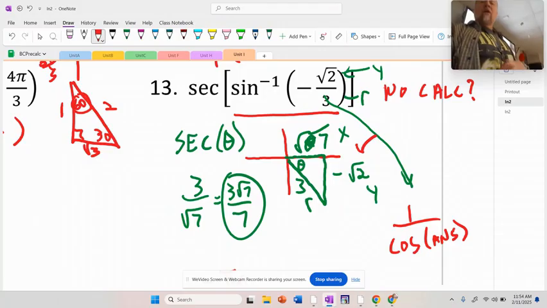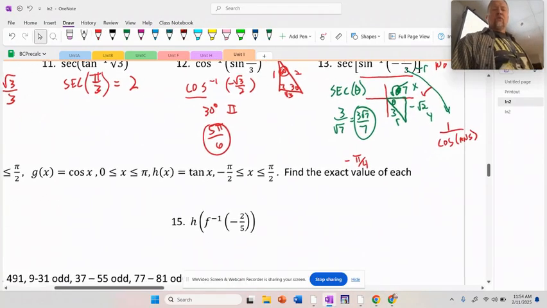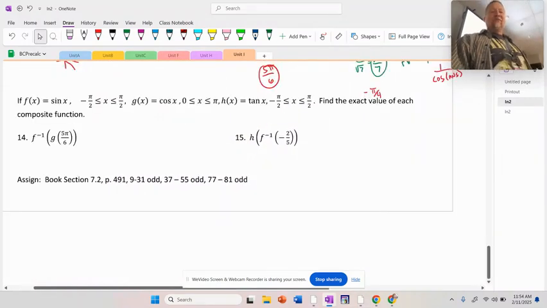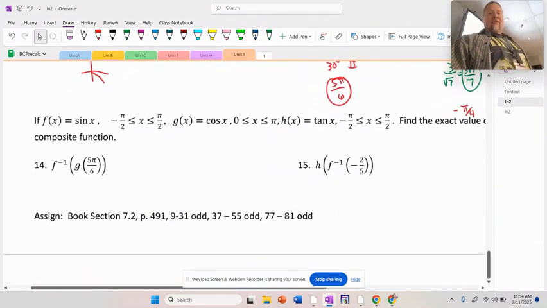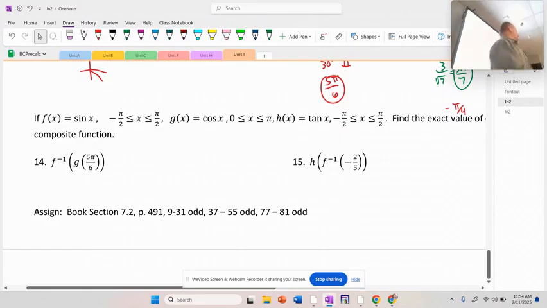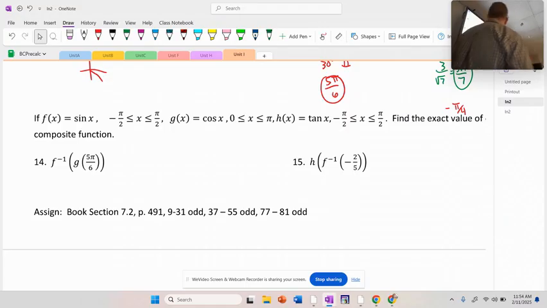So again, drawing a triangle is key. I know I besmirched some of the rules. Oh my gosh, I've got to do this one too. Take a minute to read that one. Guess what this is? AP. Sine of X rules. Cosine of X rules. Tan of X rules. Find the exact value of the composite function.